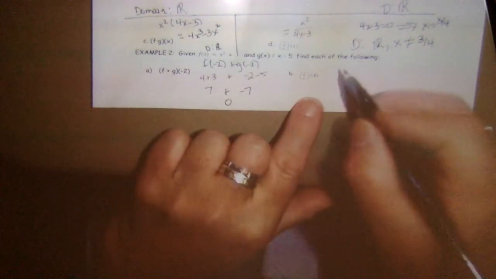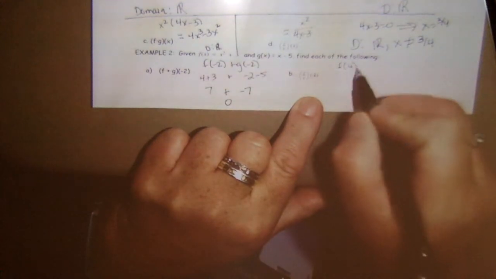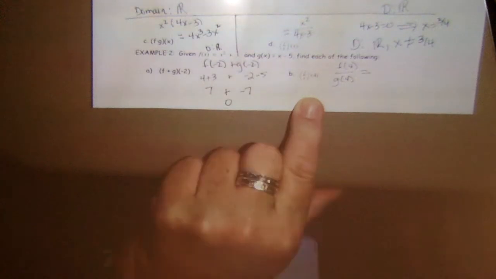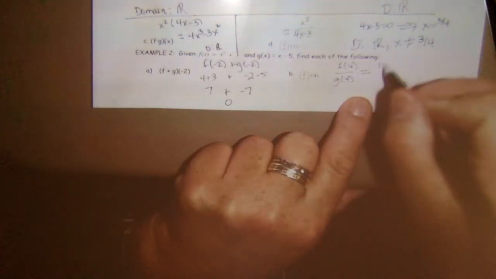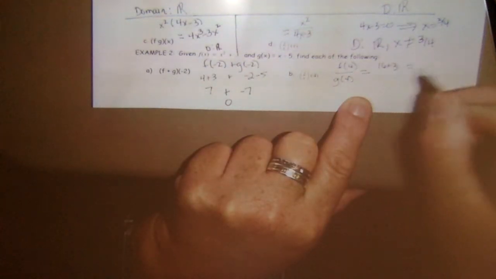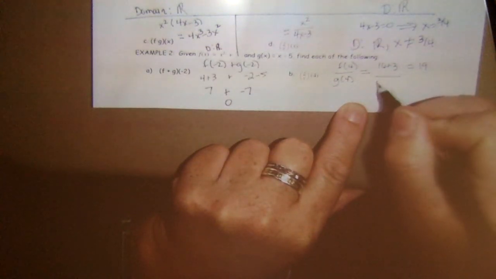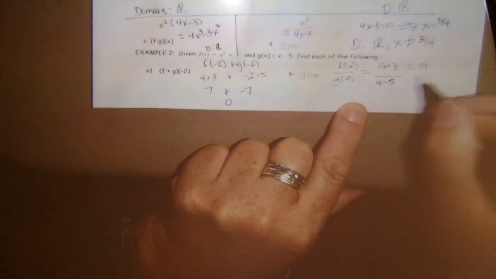Okay, so for this one, we find f of 4 divided by g of 4. Well, 4 squared is 16. Plus 3 is 19. 4 take away 5, which is negative 1.